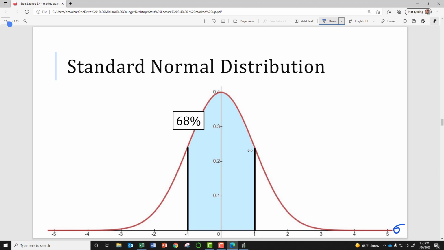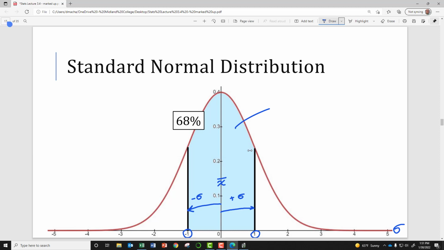If we go 1 standard deviation to the right and 1 standard deviation to the left, basically we start at our mean and we either take 1 standard deviation to the left or 1 standard deviation to the right. The area underneath this red curve for this bounded region is 68% of the area of the whole curve.